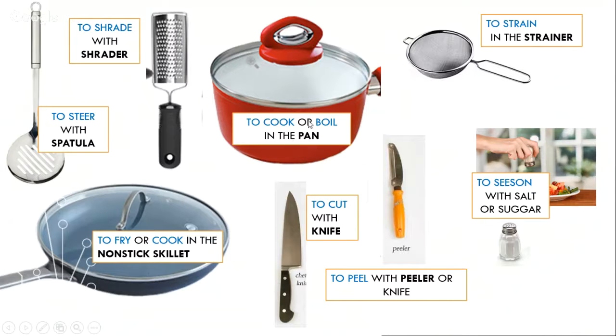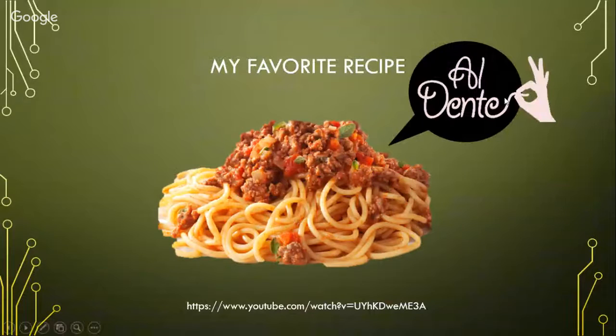I put some water in the pan and put it to boil, and when the water is boiling, I use the pasta or the spaghetti, and then I just let it cook for about 9 to 10 minutes, or until it is al dente, as you see here. Al dente means it is well cooked. When it is al dente, you don't need to cook it anymore because it is perfect.